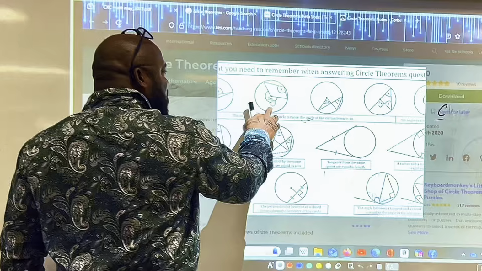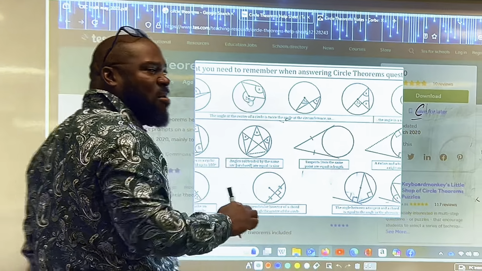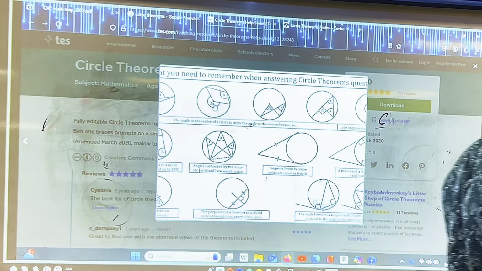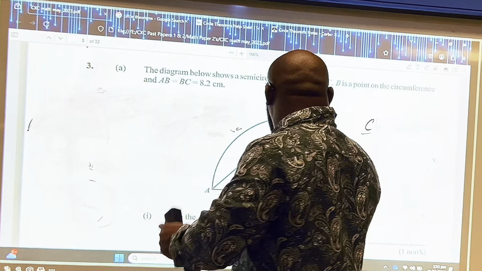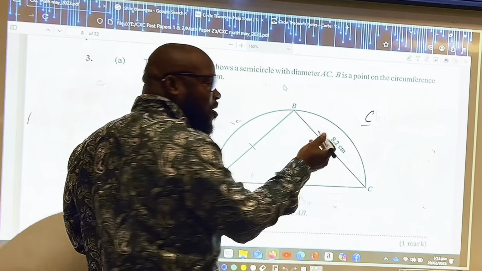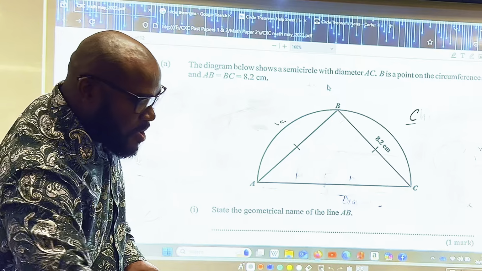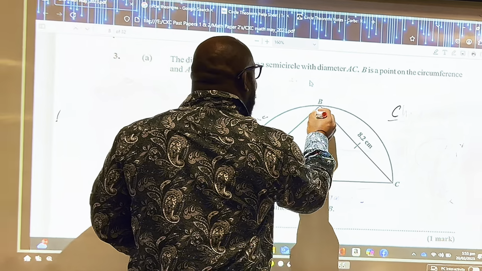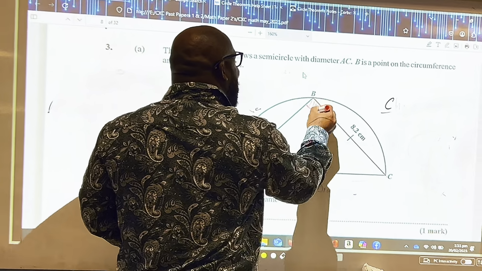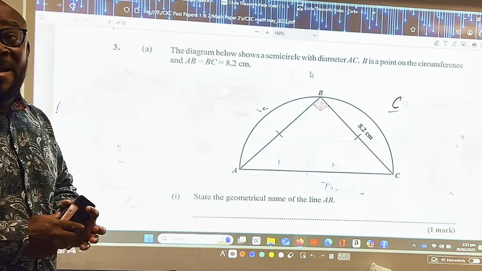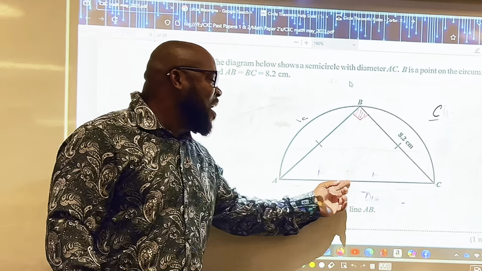It's still half at the circumference, even if it's a reflex angle. So this angle here is then 90 degrees. So you need to know that, okay? Everybody understand? It is half of 180.